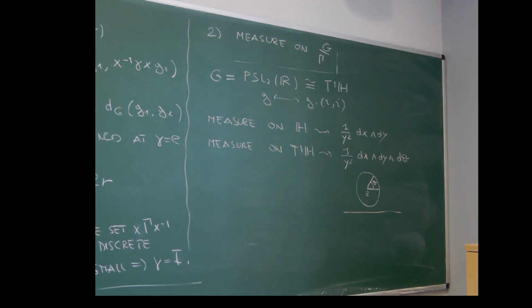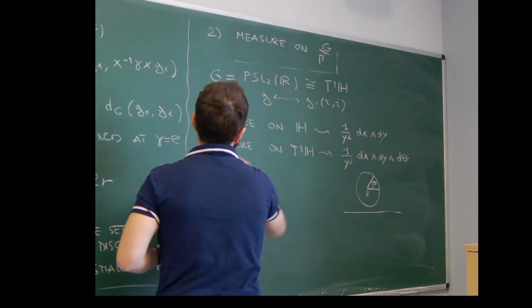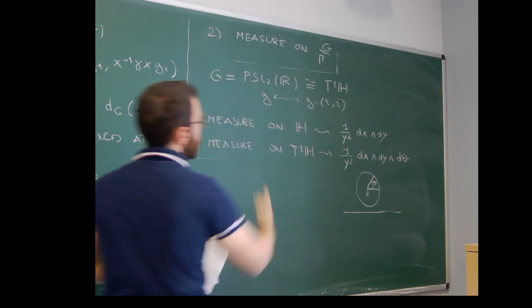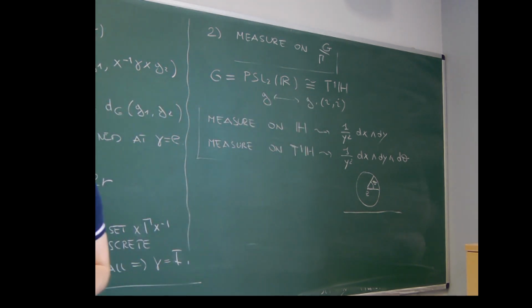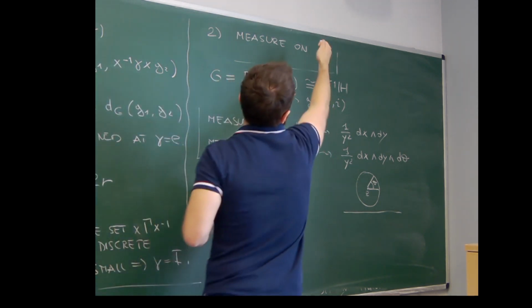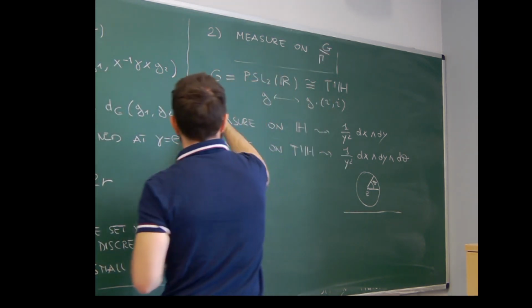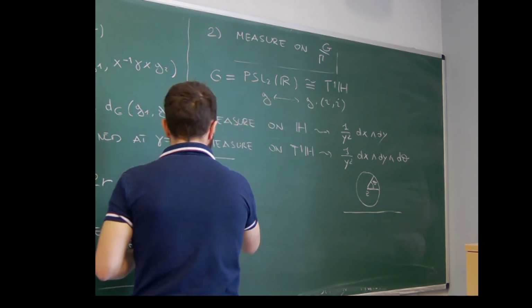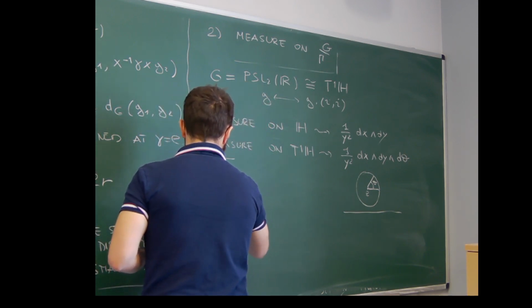Good. Where am I? Right. If we want to have a chance of pushing this measure down to G mod gamma, we first need to show that this measure is invariant, at least left invariant. Once we show that this measure is left invariant, then we can push it down to the quotient. So, proposition. Let me call dA the hyperbolic area, and dm the hyperbolic volume.